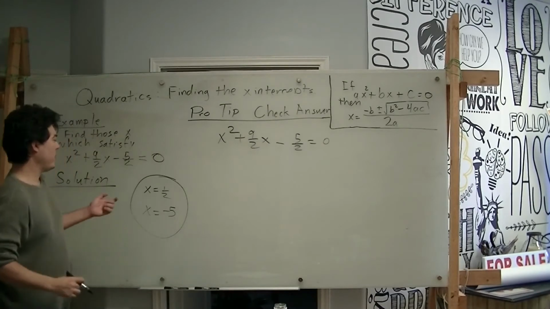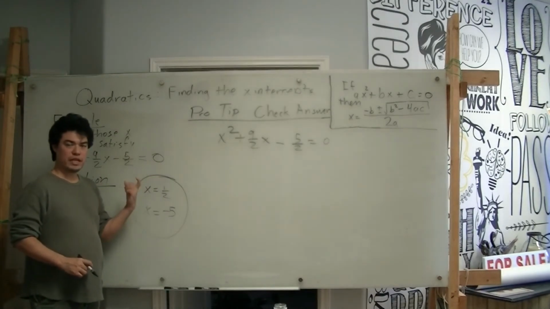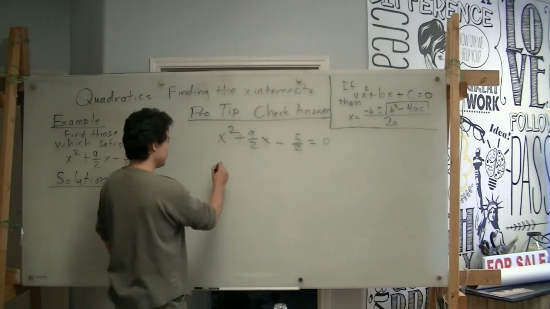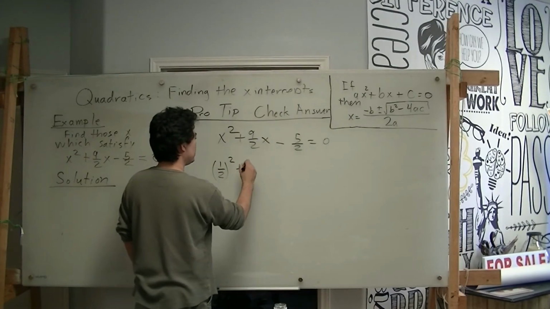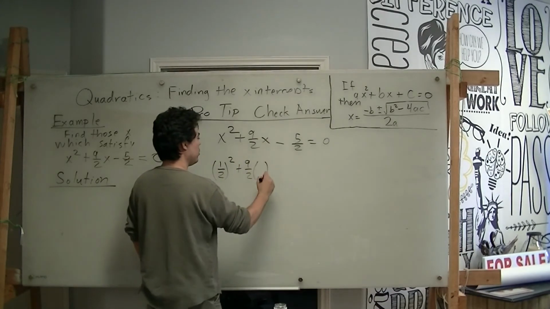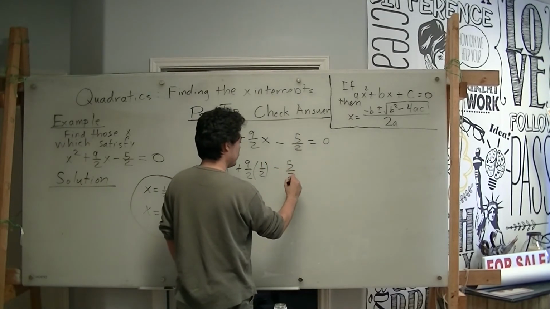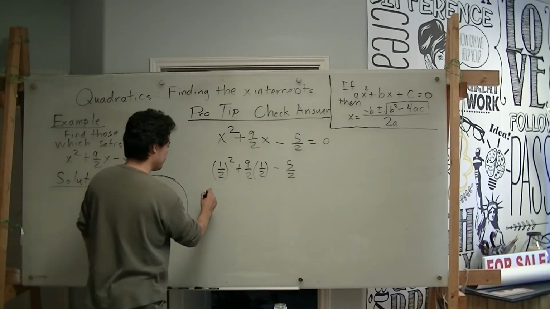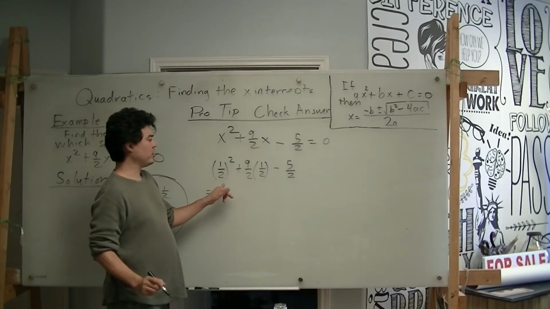So I'm going to plug in x equals 1 half into the left hand side, and I'm going to see if it equals 0 at the end. Okay, let's do this. So 1 half squared plus 9 halves times 1 half minus 5 halves. Now, what does it mean for us to square something?